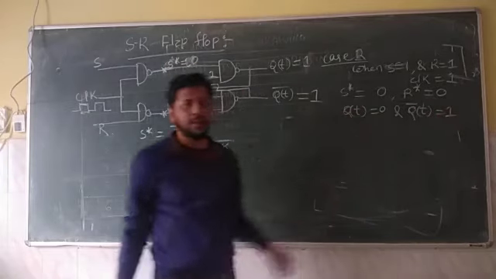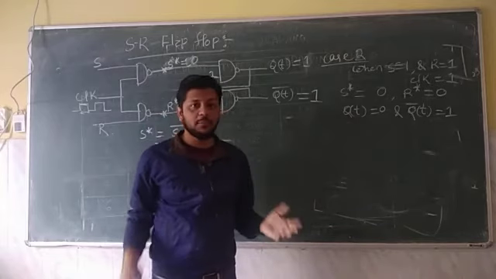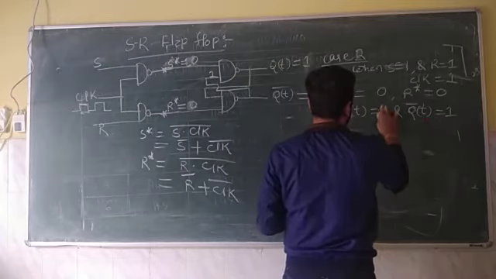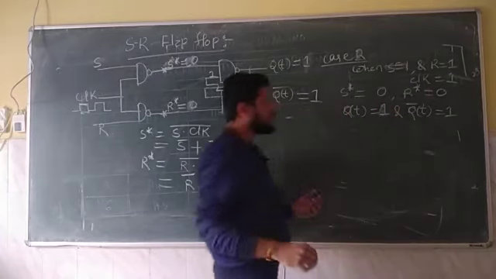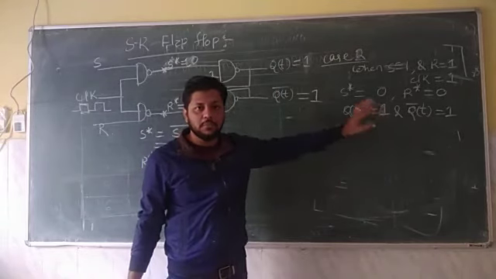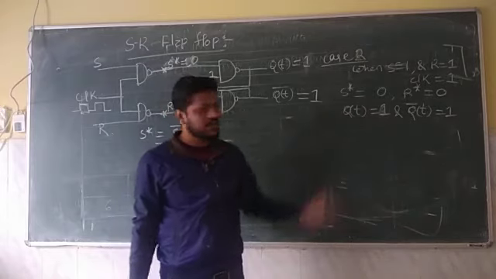But this should not happen. This must not happen, because Qt is equal to 0, Q bar t must be equal to 1. But here we get Qt is equal to 1 and Q bar t is equal to 0. That means if Qt is equal to 1, Qt complement must be equal to 0. But this is not satisfied.